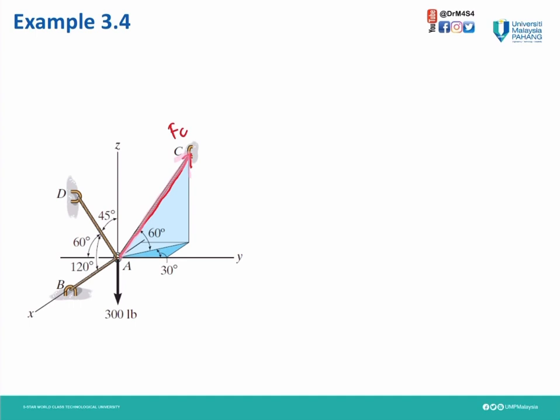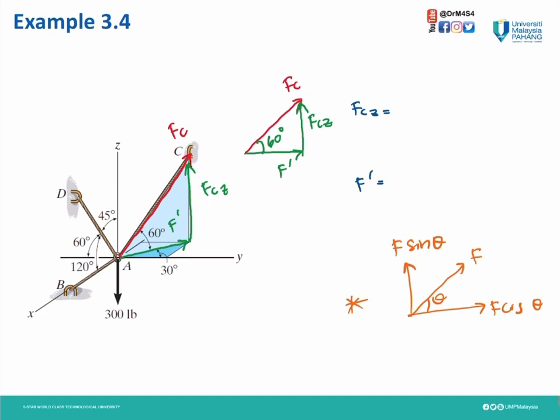Next, we go for FC. As you can see here, angles are given. So first, we have to resolve FC according to the 60 degree angle given. We resolve into the Z direction, so we name that force FCZ. Then we resolve FC into F prime.